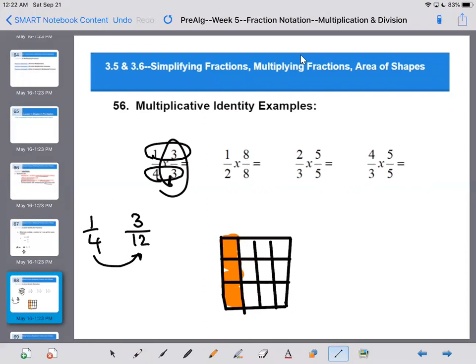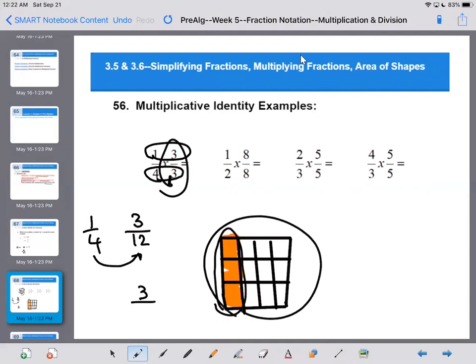Well, what I want now are these 3, but out of how many total now? There's 12. So we're going from 1/4 and multiplying it by 3 divided by 3. That 3 divided by 3 is 1. That's your n divided by n. Since it's 1, it's not going to change the value of the problem. It does change the size of the equivalent fraction.